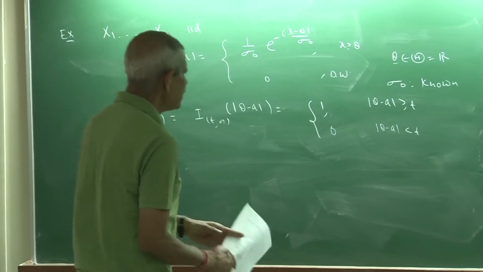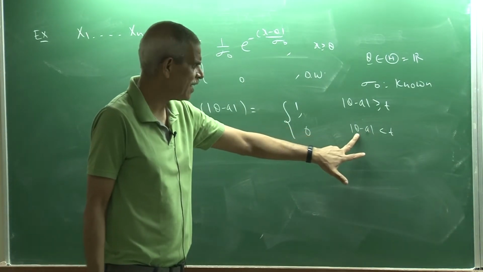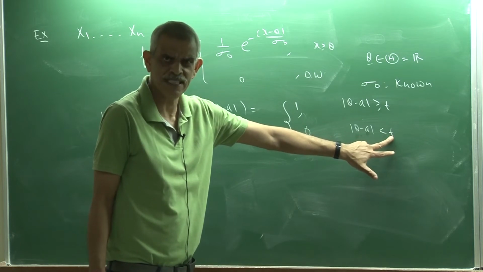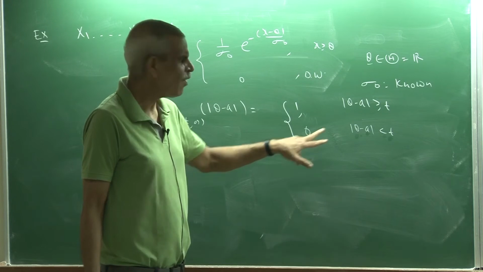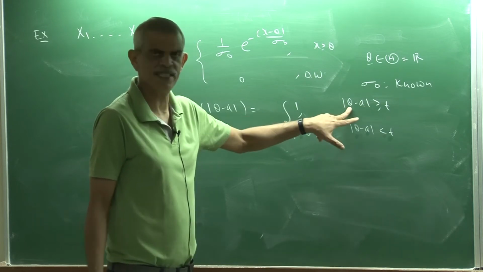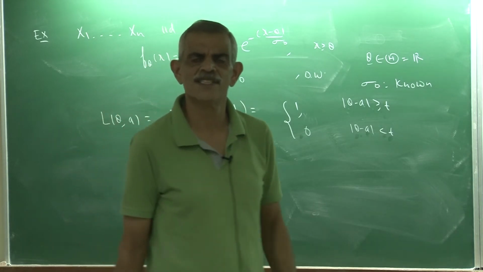Which makes sense. It says that if the difference between my estimate and the true theta is smaller than the threshold t, which is given to you, then my loss is 0. Only when my estimate is far away from theta, beyond the threshold t, my loss is 1. So here loss is either 0 or 1.